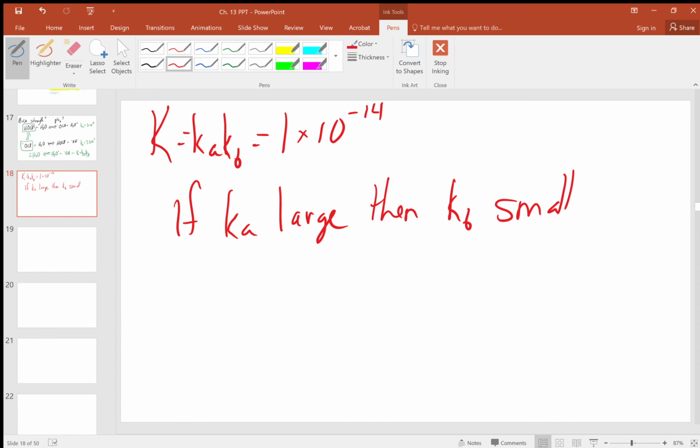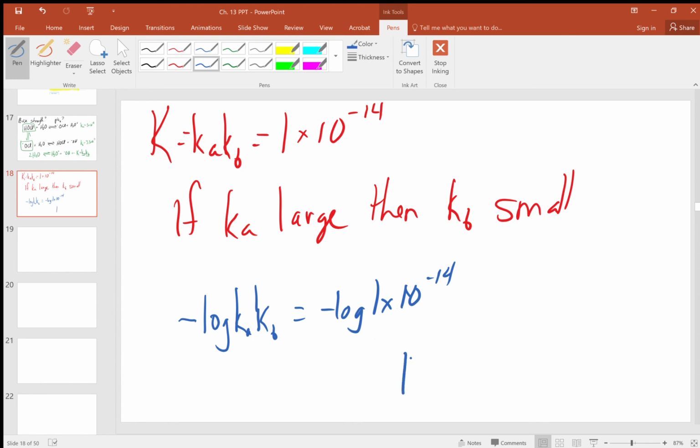You could also redo this in terms of pKa's. So you could take the negative log of Ka times Kb, which is equal to the negative log of 1 times 10 to the minus 14. So our right side will just be equal to 14.